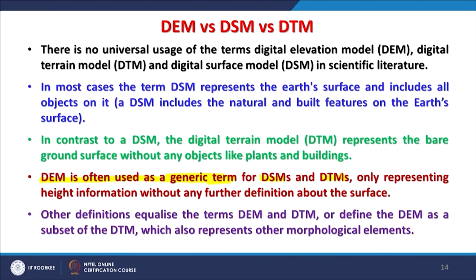Other definitions also equalize the terms DEM and DTM, or define DEM as a subset of DTM, which also represents other morphological elements. So, it is always better to use the general term, say DEM.